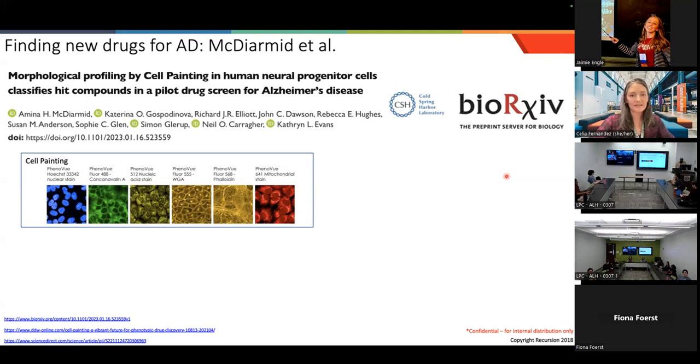I think in the last 10 years, there's been more of an acceptance in the field that, hey, maybe we can find alternative targets. I think people still acknowledge the role of amyloid beta in at least initiating the disease.